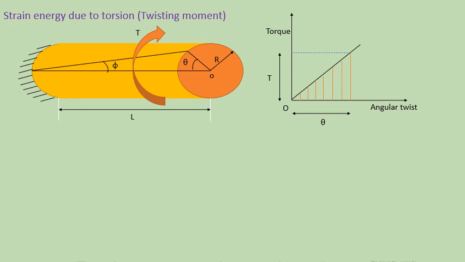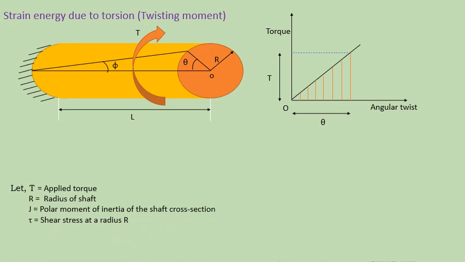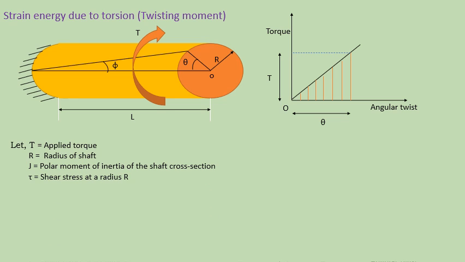Here also we get a triangle, so we have to consider the area of the triangle. Before that, let capital T be the applied torque, R the radius of the shaft, J the polar moment of inertia of the shaft cross section, and tau the shear stress at radius R.